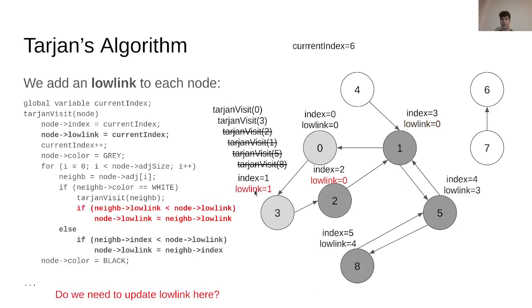Again for 1, do you think we need to update here? So from 3 we went to 2. 3 had low link 1, 2 had low link 0. So the answer is yes, we need to update, because we have a neighbor that can get to 0, so we can also get to 0.